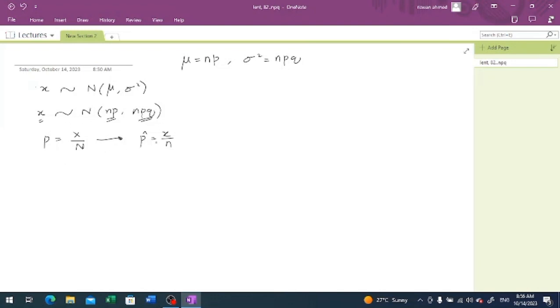We take this and first try to find the mean of the random variable p hat using the description provided for x. So we apply the expected value operator on both sides of the equation.